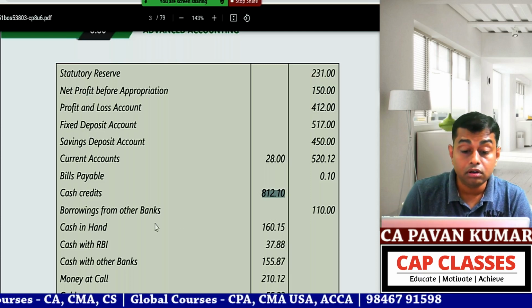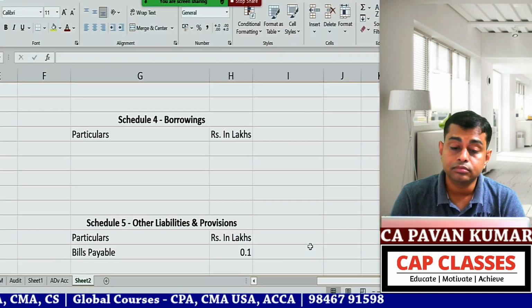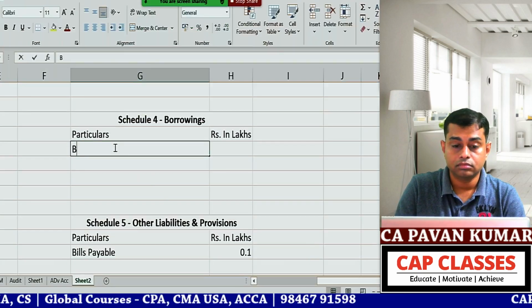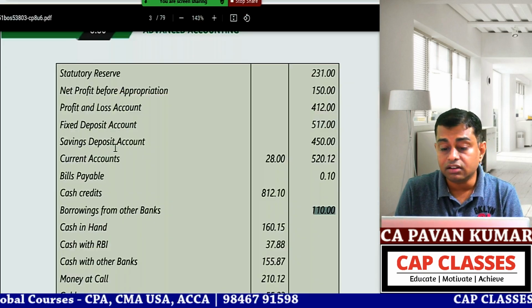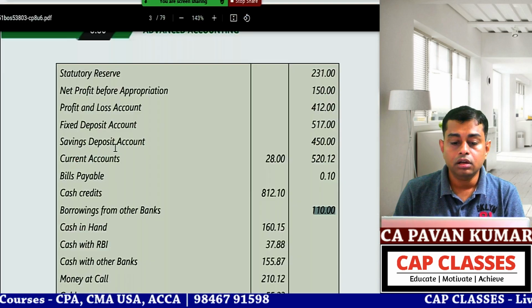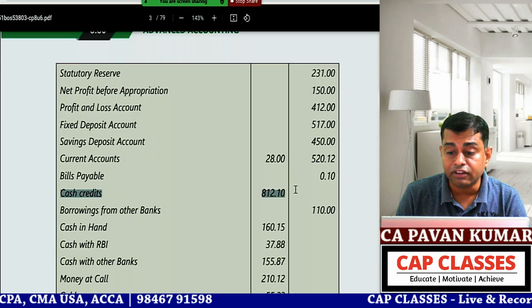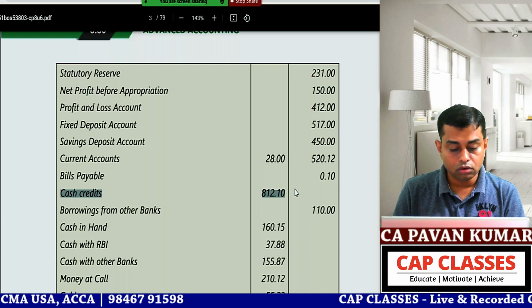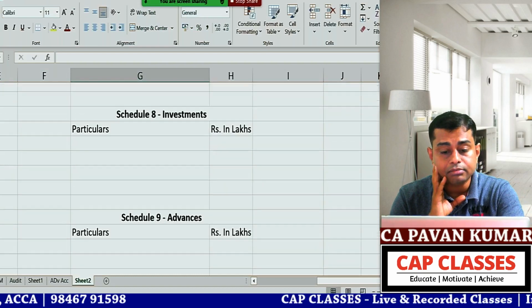Now, assets are debit, but borrowings from other banks 110 is there. Where will we show this? In borrowings, sir. How much is it? 110, sir. So now they are giving cash credit 812. So assets side cash credit.